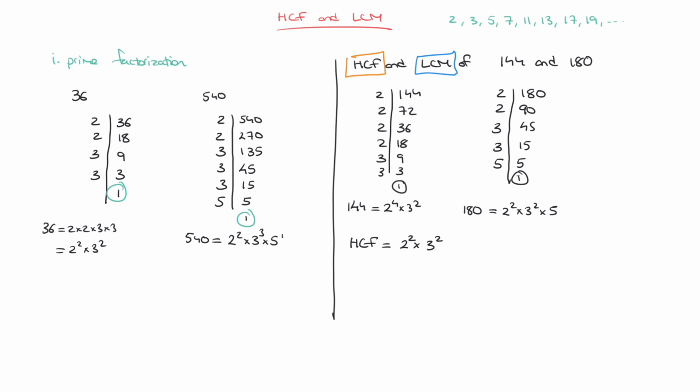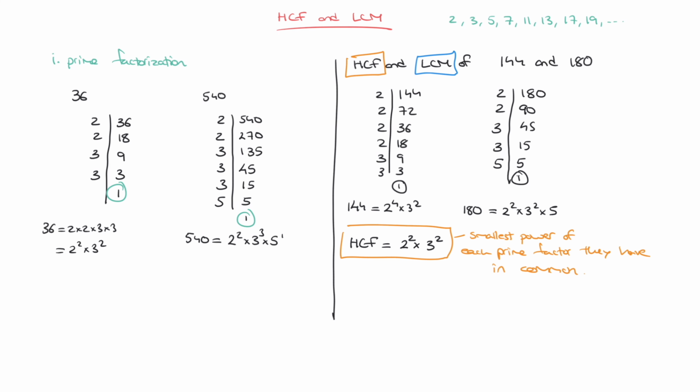And that's the highest common factor, okay? Done. So I'll just put a little note here. Smallest power of each prime factor they have in common. Sorry, my writing's a bit scruffy. I'm trying to go fast.